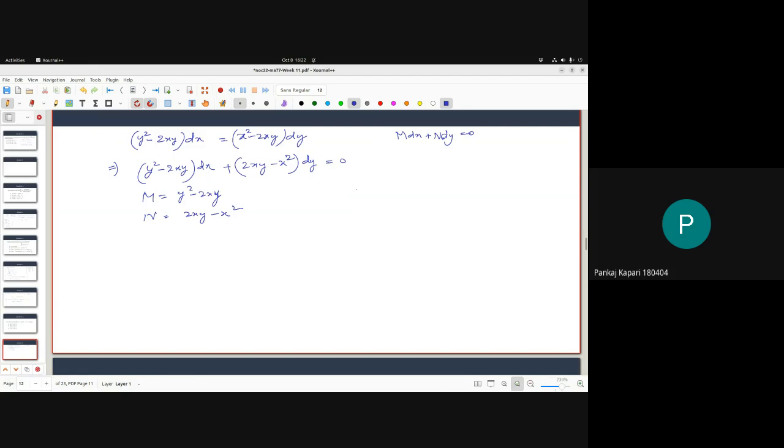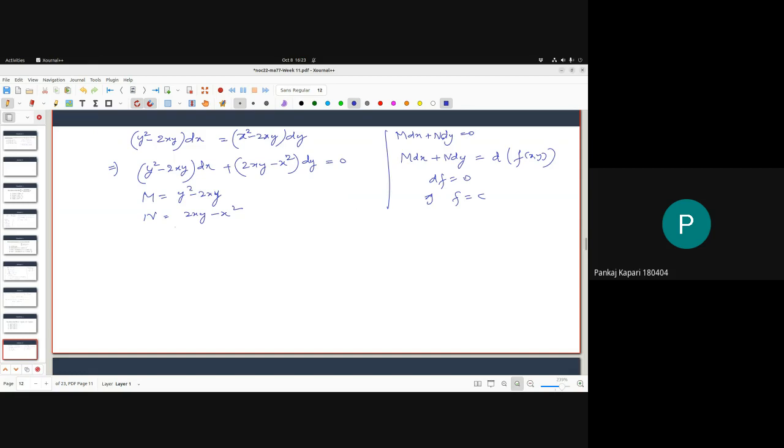So what do we mean by the differential equation being exact? An equation is called exact if the left hand side part M dx plus N dy is the differential of some function f(x, y). If that happens, then we can easily solve this equation. Why? Because M dx plus N dy is 0, and this will just give us that df is 0. So the solution will be f is equal to constant.